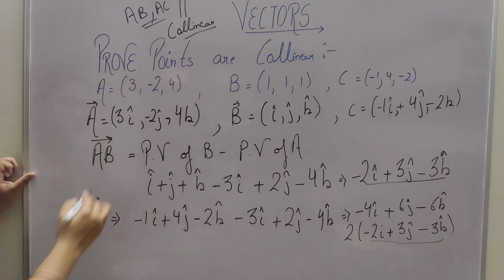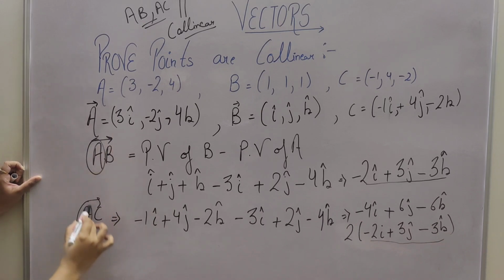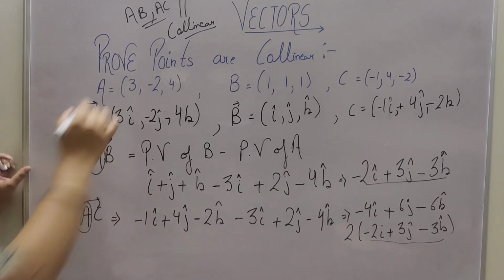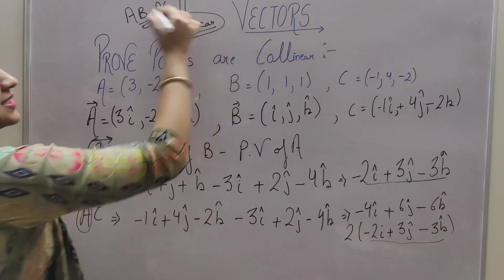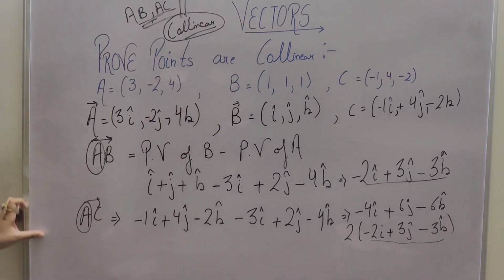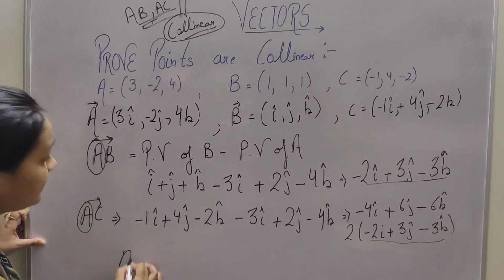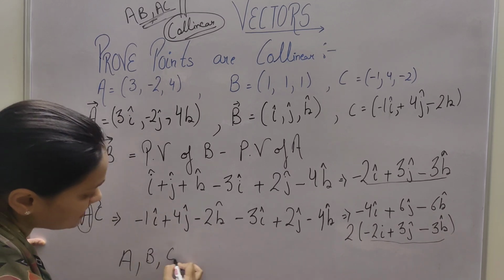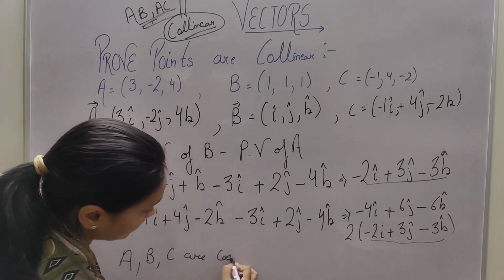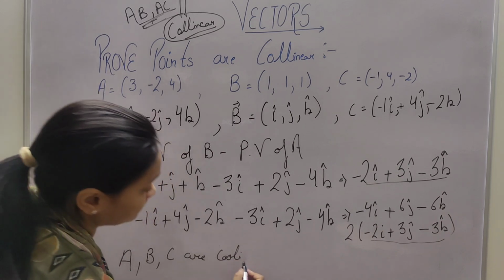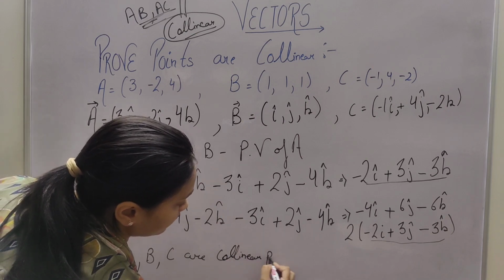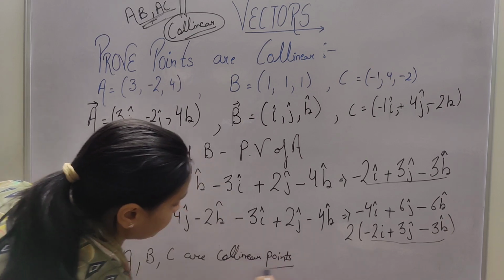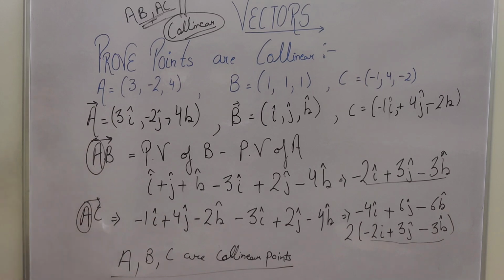But if there is a point A common in both the equations, it can't be parallel. So the remaining option is collinear. Hence we can say that A, B, C are collinear points. Because A is common between them, that's why the points became collinear.